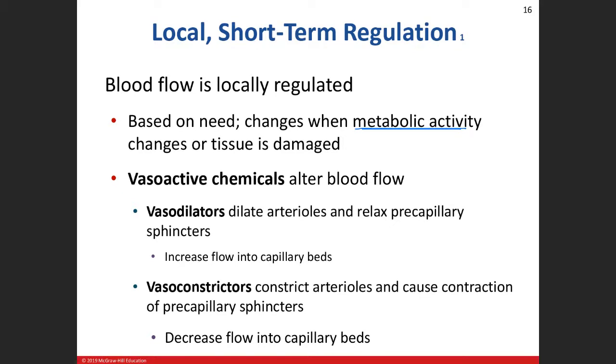If they're constantly producing proteins, or if it's skeletal muscle, which is being contracted and relaxed, then we need to make sure that we're supplying enough blood for those metabolic needs. If it's damaged, you better believe we need to get blood there because we need to repair that damage. We need to get white blood cells, leukocytes, into that area to repair any damage. So it is on a need basis. When we talk about local regulation of blood flow, it is on a need basis.